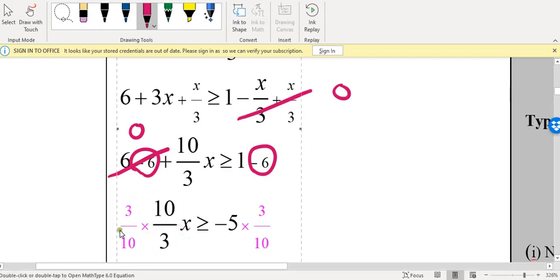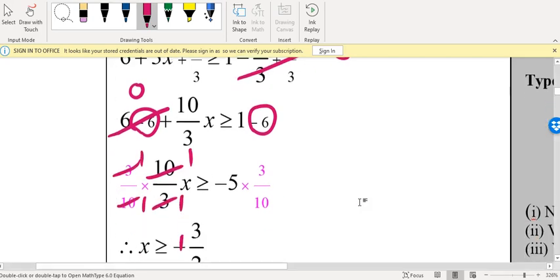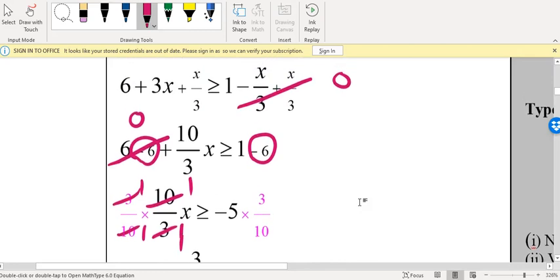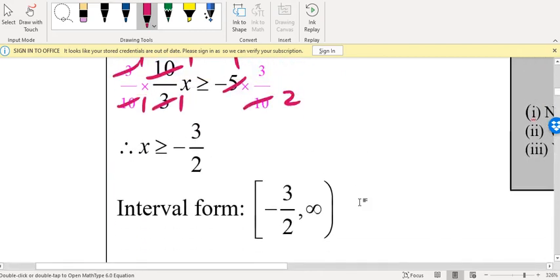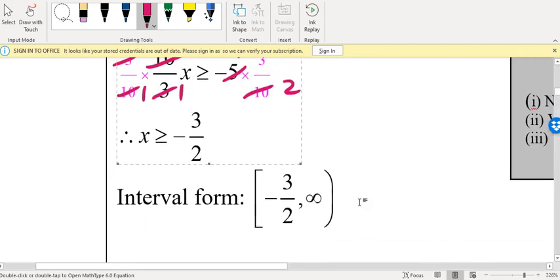If you divide, your fraction will be flipped, so you have 3 over 10. Simplified, you will have x, then this 5, this is 2, that's why you have negative 3 over 2. Because the question asks you to have interval form, that's your answer.